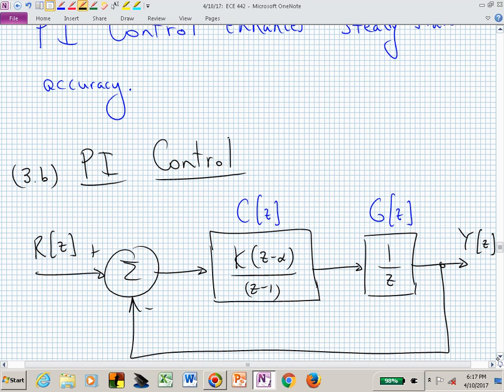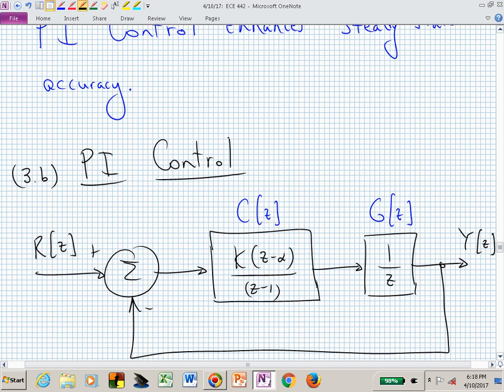So now let's look at what a PI controller does for this system. I'm going to keep the same system. G of z is still 1 over z. But if somebody says, oh, I want a PI controller, that immediately tells us what the structure is. It's a gain k, a zero factor where I can locate that zero wherever I want, and you want to do it wisely.